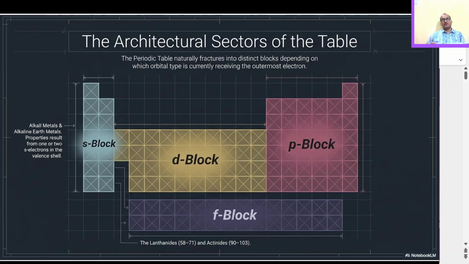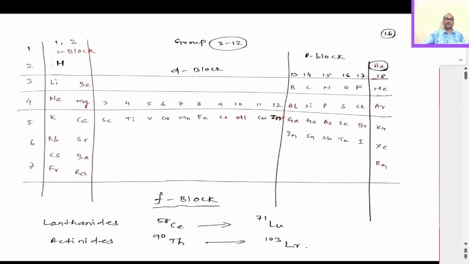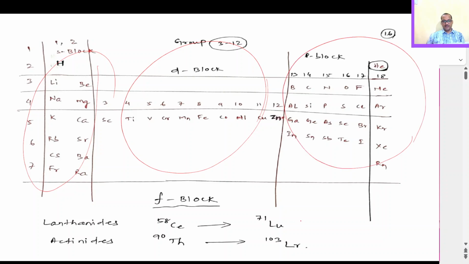Now if you look at the periodic table, how does it look? It looks in this fashion. At the extreme left side you have the s block, in the middle you have the d block, at the extreme right you have the p block, and at the extreme bottom you have the f block. This s block elements start with hydrogen, lithium, sodium, potassium, similarly beryllium, magnesium, calcium.